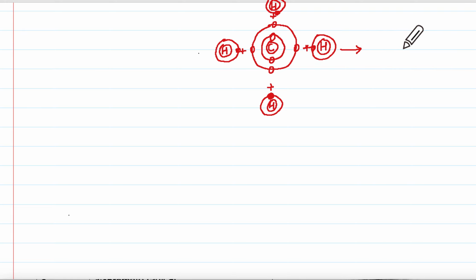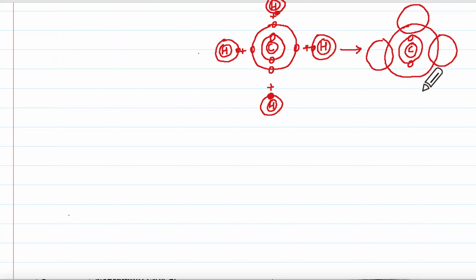Then you will show the arrow. Then what will you show? You will show this carbon. You will show the first shell with the hollow electrons, and then you will show the second shell which will have this overlapping ring. This is so time consuming. Understanding how it is?